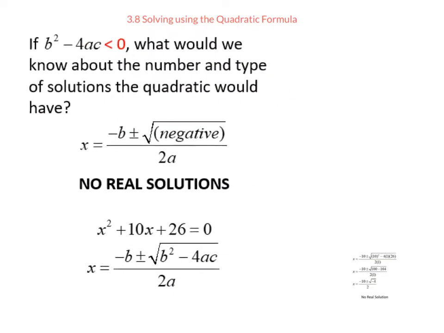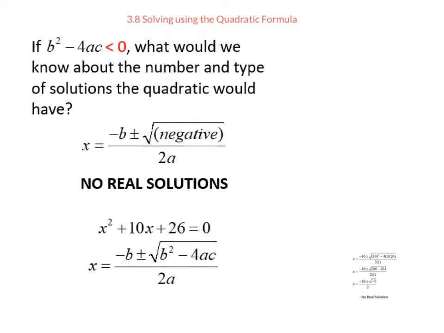The third case is when the discriminant is a negative number, or less than 0. I think you already know that a problem is created when there's a negative in there. In the real number system, when you have the square root of a negative number, there are no real number solutions. So when the discriminant is negative, we have no solutions.